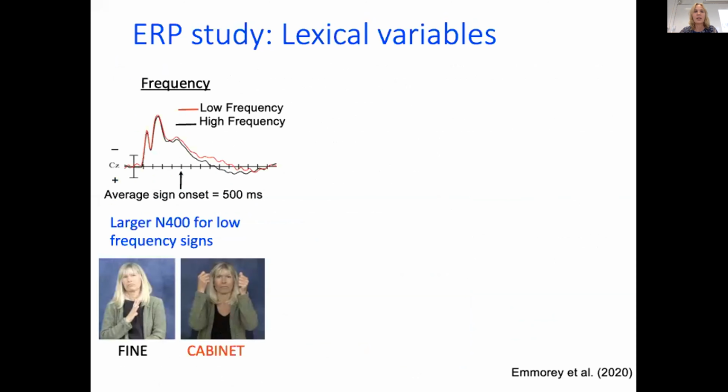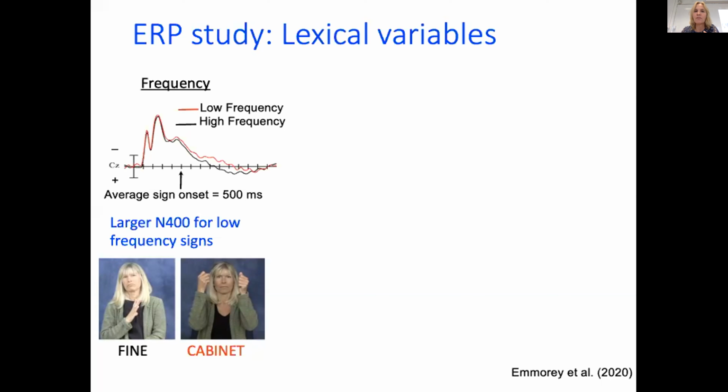Okay, so let's take a look at frequency. I'm showing you a high frequency sign, fine, and a low frequency sign, cabinet. And what you see is what we would expect based on spoken languages. You see a larger negativity for the low frequency signs than for the high frequency signs. Since these are full videos, I've indicated where the average sign onset is, about 500 milliseconds in.